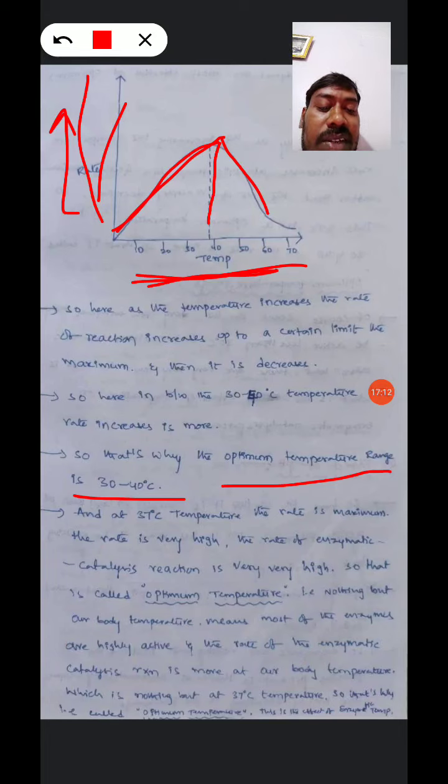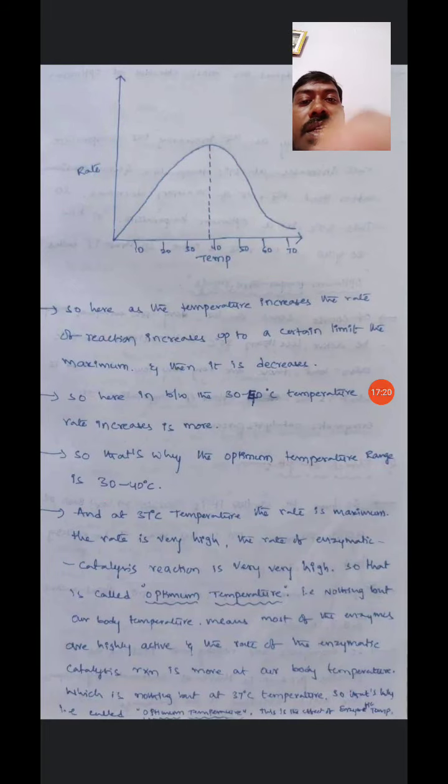And at 37 degrees centigrade, the rate is maximum, or the rate is very high. So the rate of enzymatic catalysis reaction is very high. That is called the optimum temperature.